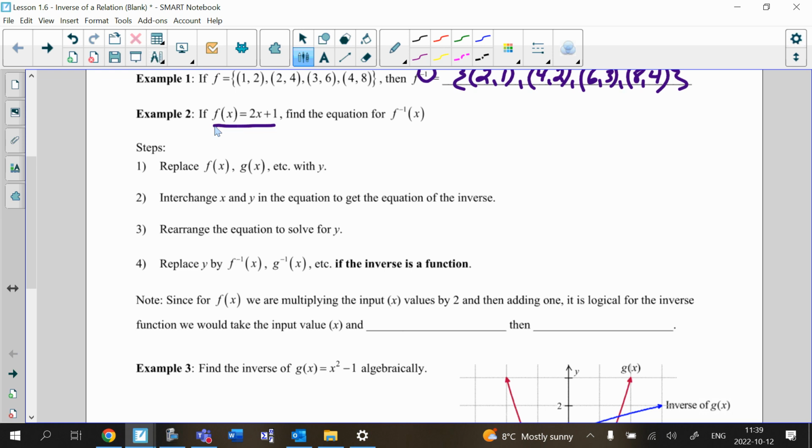So it'd be like graphing a line and then flipping it over that line, y equals x. But to do it algebraically, remember, this is just notation that means function. I can also write a y here. So f of x equals 2x plus 1 means the exact same thing as y equals 2x plus 1.